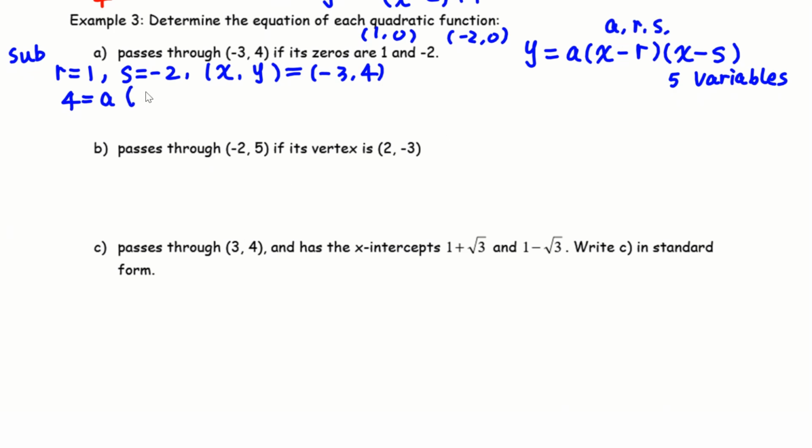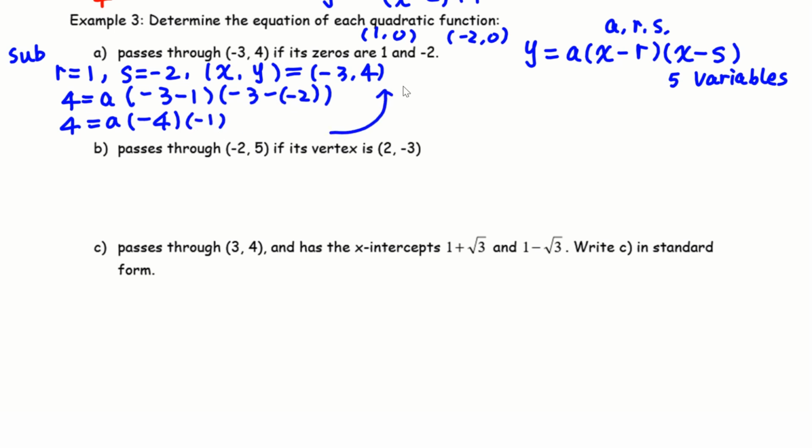So x is -3, R is 1, and x is -3, S is -2, minus -2. So 4 equals a, with the bracket calculation first: -3 minus 1 is -4, -3 plus 2 is -1.